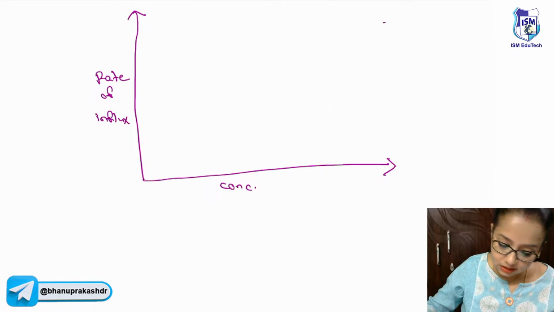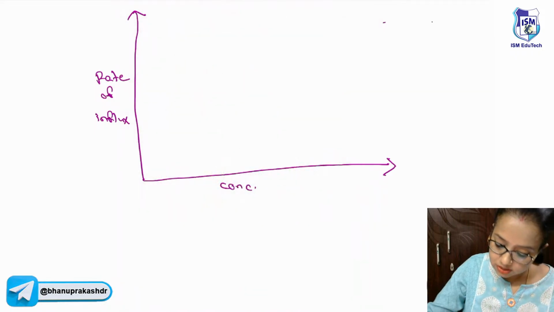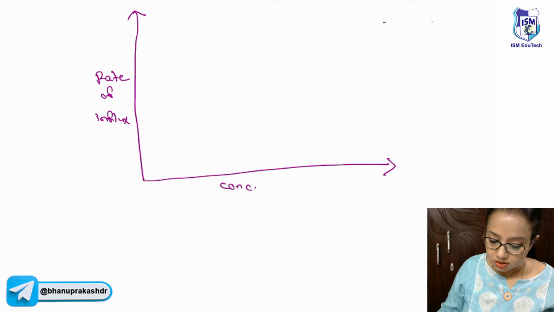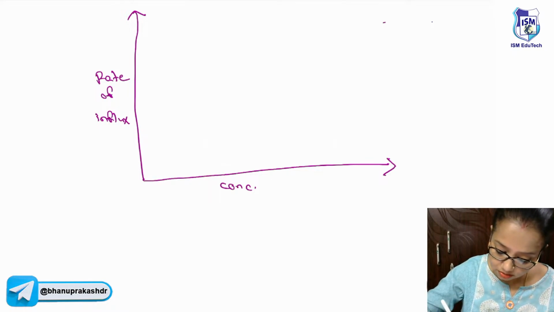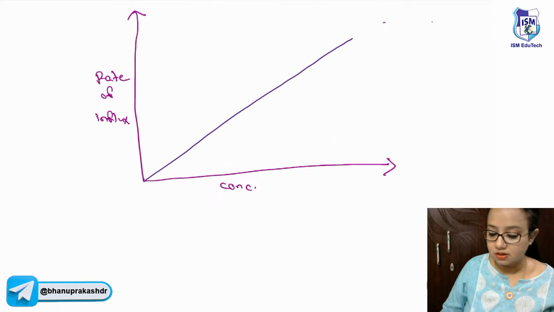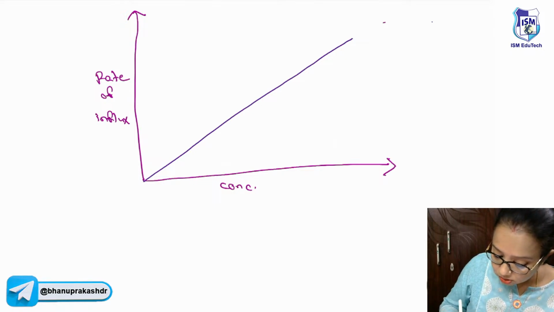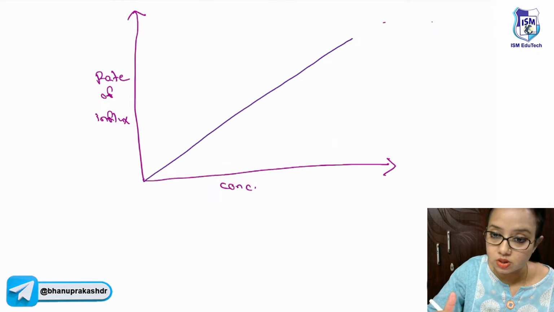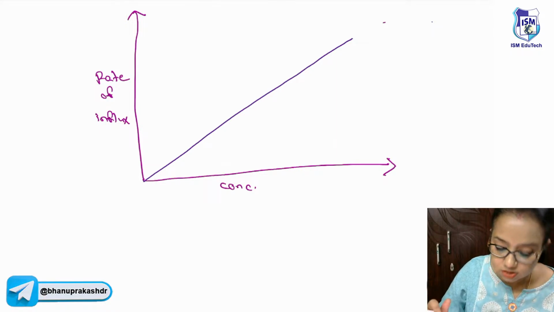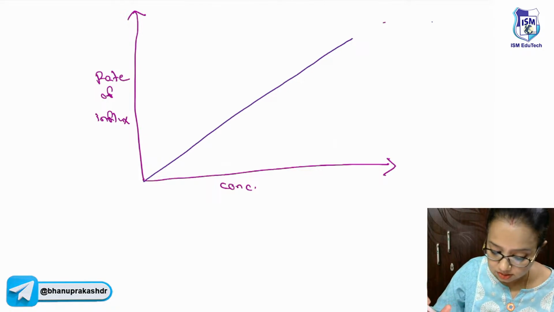If it is simple diffusion, as long as there is a concentration gradient, there will be a linear increase in the rate of diffusion. As the concentration increases, the rate of simple diffusion will keep on increasing. Higher the concentration, bigger the rate of diffusion.